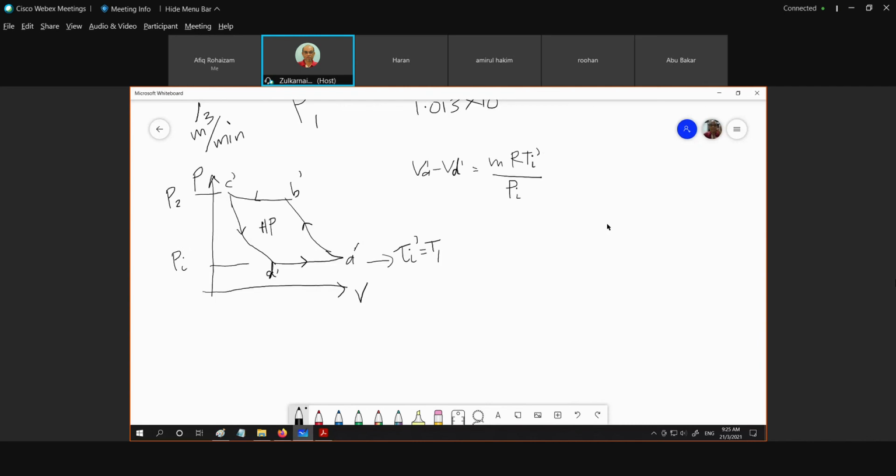So sini adalah dot, sini adalah dot, sini adalah dot. Okay. And then kita convertkan VA prime minus VD prime sebagai V dot A prime minus V dot D prime divided by N.